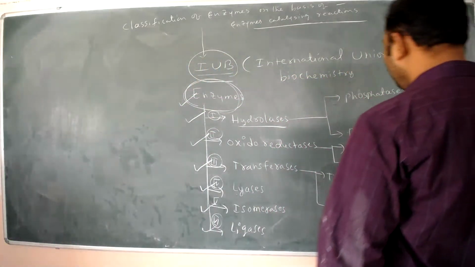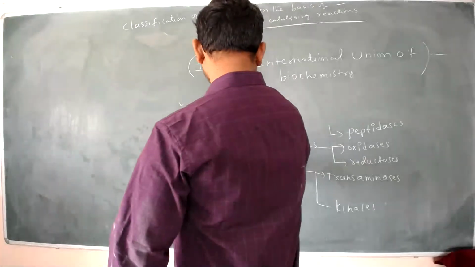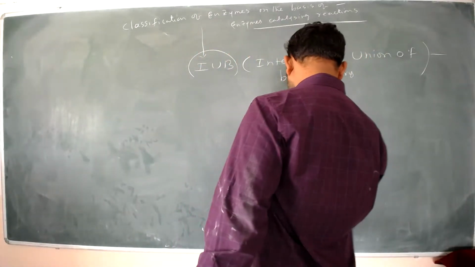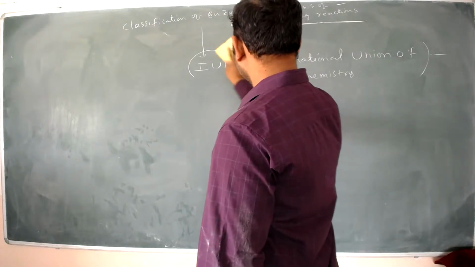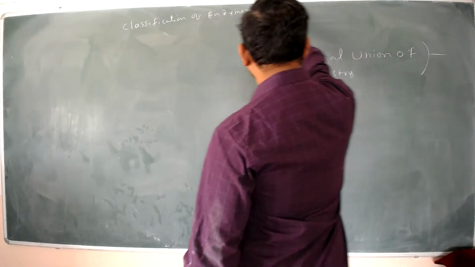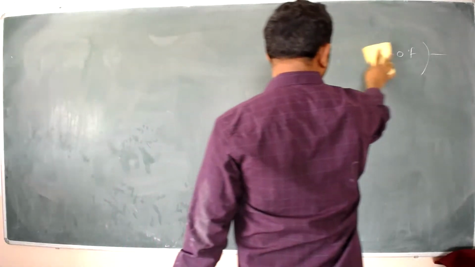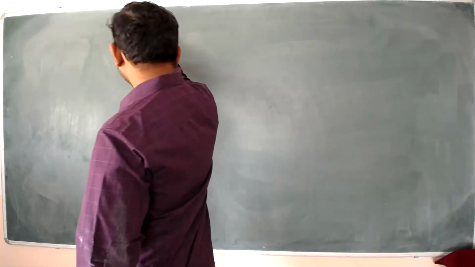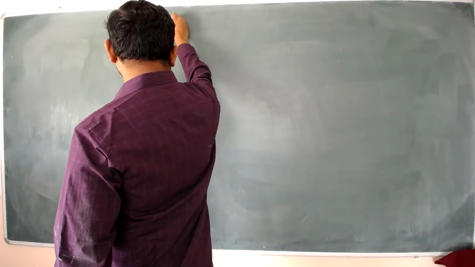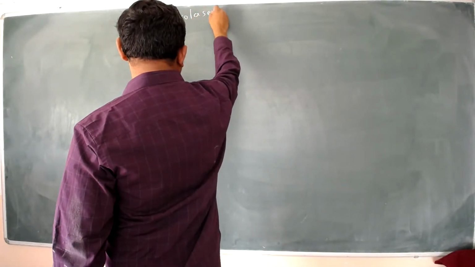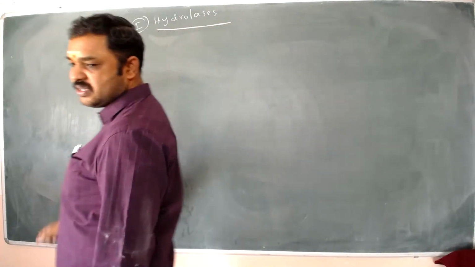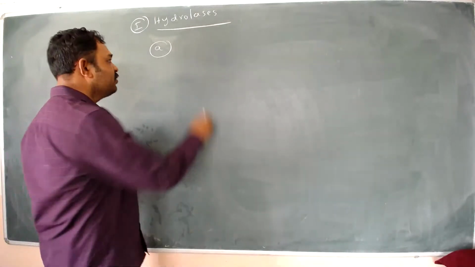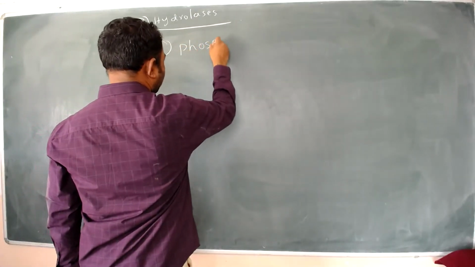First one is the hydrolases, class 1. These hydrolases are divided into 2 subclasses. What are those? Subclass 1, phosphatase.